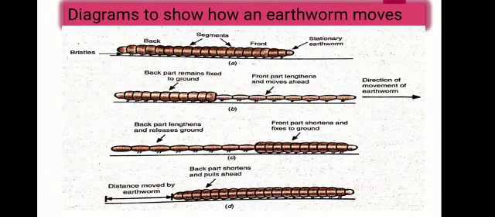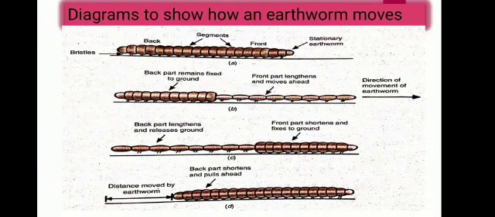Okay. See this diagram, it shows how an earthworm moves. An earthworm moves by lengthening and shortening its body alternately by using the circular muscle and longitudinal muscle respectively. See the diagram, four diagrams are given, A, B, C and D. Figure A shows the normal shape of the body of the earthworm when it is stationary.